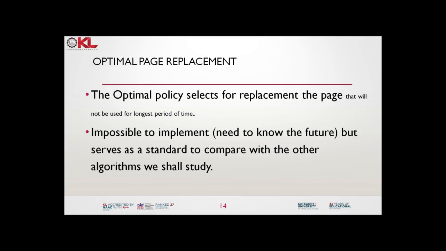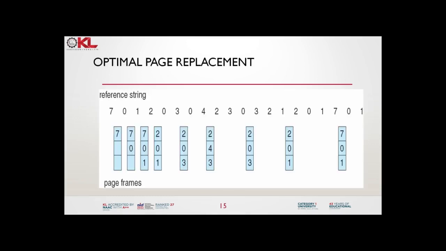But anyhow, let us see the procedure of the optimal page replacement algorithm in this session. We use the same reference string that we used for FIFO, which consists of around 20 references.